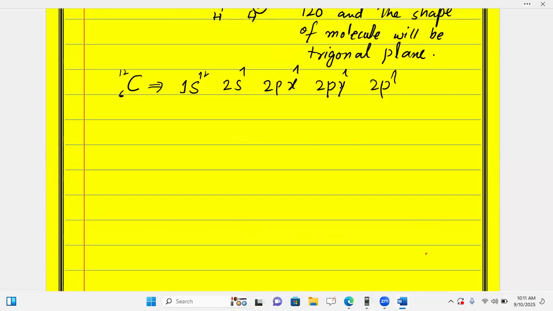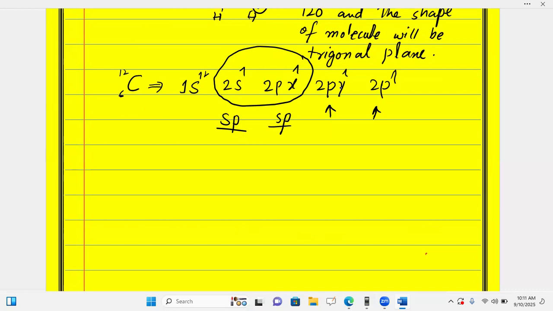But right now, for sp hybridization, 1s and 1p are going to intermix to produce two hybrid orbitals of sp hybridization. And 2py and 2pz are not going to participate in the hybridization process.